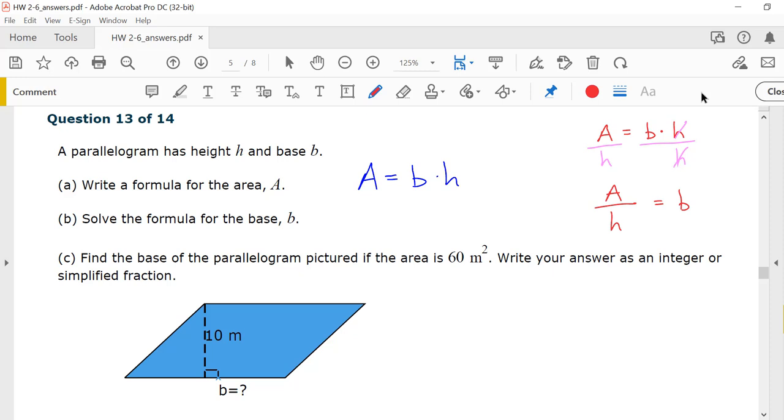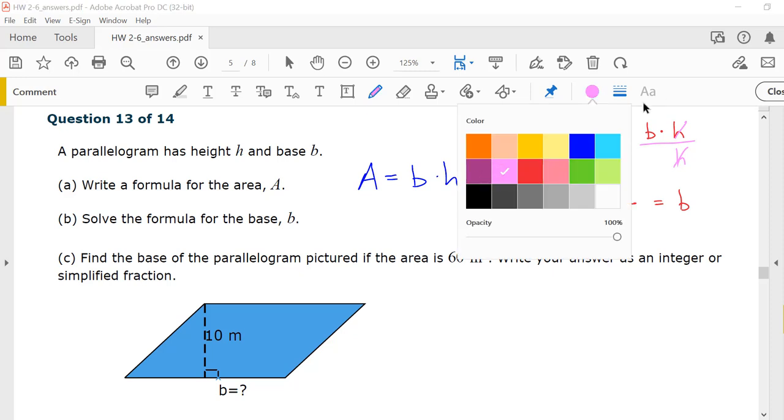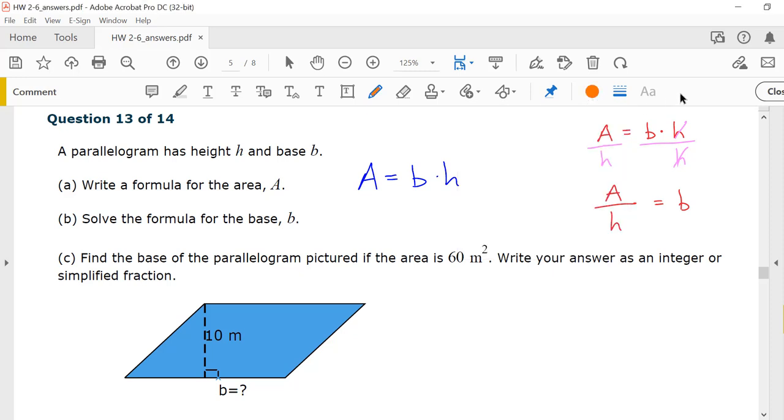That's part B. Part C says to find the base of the parallelogram pictured if the area is 60 square meters. Write your answer as an integer or simplified fraction. All right, here we go. We know that the base is equal to the area divided by the height.